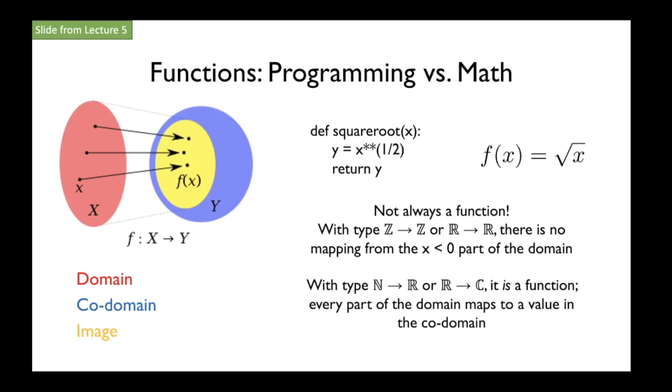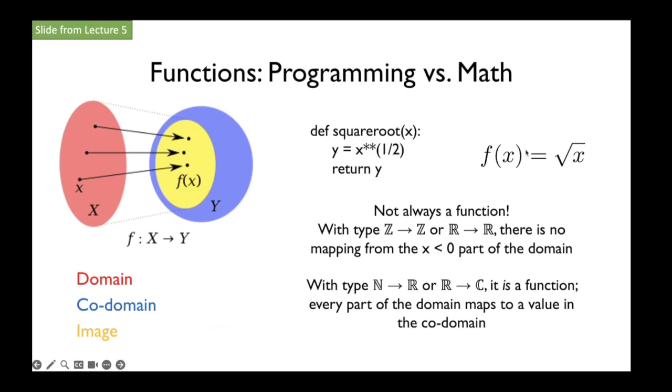So we discussed at length this square root function where it's not a problem to set this up in Python, but sometimes you'll get errors or unexpected behavior if you, for example, pass a negative number into this.